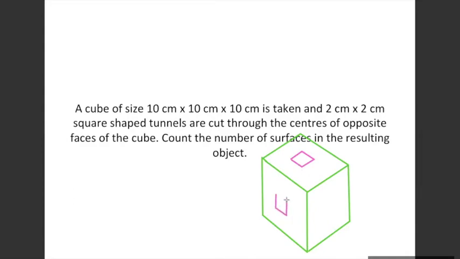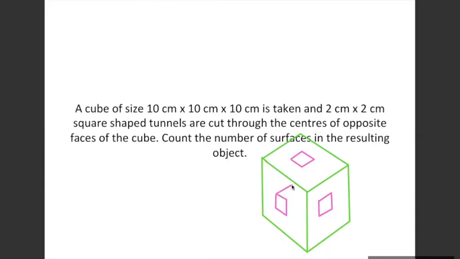So this vertical tunnel will be going down till the bottom face. The side tunnel will be reaching till the opposite face. And what you see from the inside will be some kind of an intersection happening along all these 4 tunnels. Everybody, you agree with that?